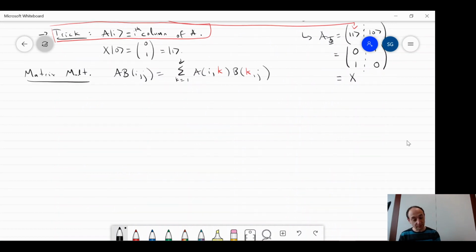And the key point I want to remind you of here is that matrix multiplication is not commutative. In English, it's not true that for all A and B, the product AB is the same as the product BA. So this is in general.